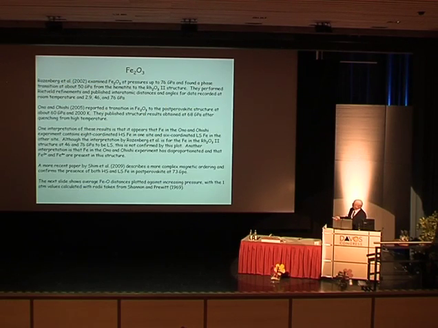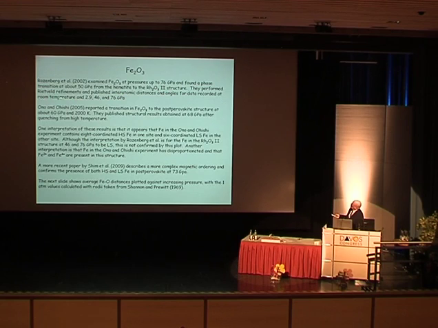Now, there's a lot of material here on Fe2O3. Rosenberg et al. looked at Fe2O3 at pressures up to 76 GPa at room temperature and found a transition at about 50 GPa from hematite to the Rh2O3 structure.